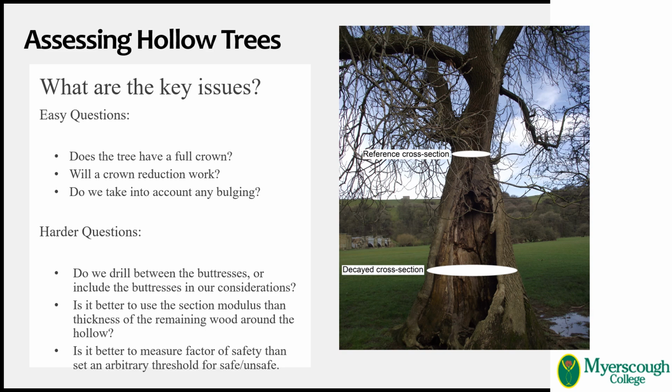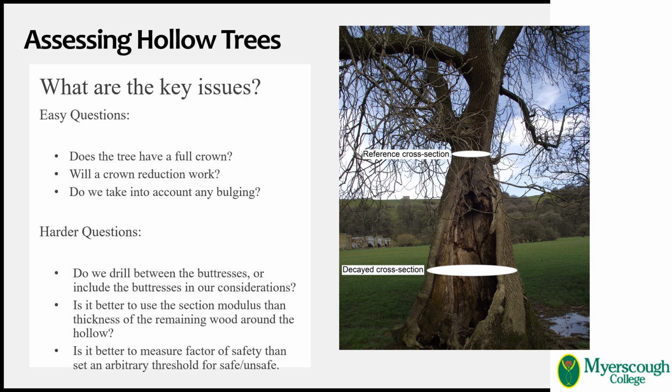There was a class note about using the section modulus to calculate a component's bending strength, so I will not repeat that here, but it is a major improvement that allows non-circular stems and eccentric pockets of decay to be assessed far more accurately. In addition to this improvement of using the section modulus rather than the thickness or thinness of remaining wood, assessments are moving away from a binary safe or unsafe choice around a threshold.